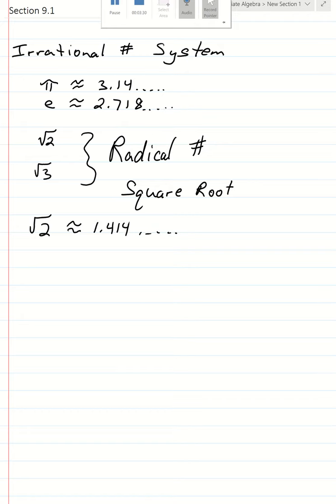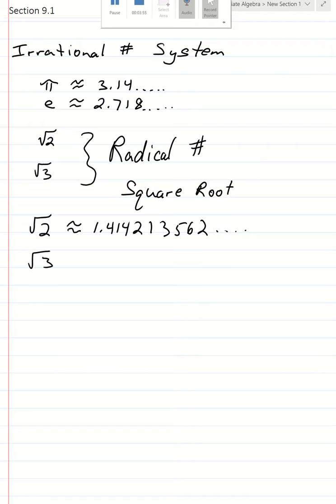And it doesn't repeat. You might think it repeats, but if I was to use a calculator, let's say, and take the square root of 2, it would give me 1.414213562. Okay, let me just write that. It doesn't repeat, nor does it end. It keeps on going.